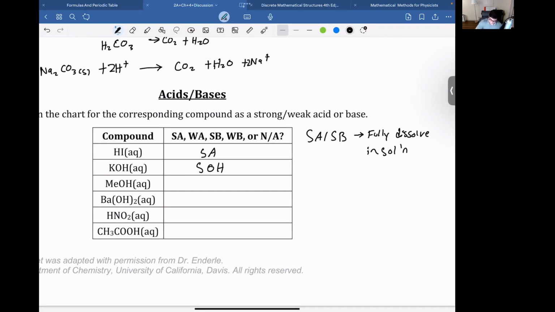Then we have methanol. That's a weak acid. It can give off a proton, the H. Why doesn't the OH come off? It's not super clear, again, until you really take organic chem. But if you see an OH connected to carbon stuff, so methyl's a carbon, carbon with three H's, assume that it's a weak acid, not a weak base.